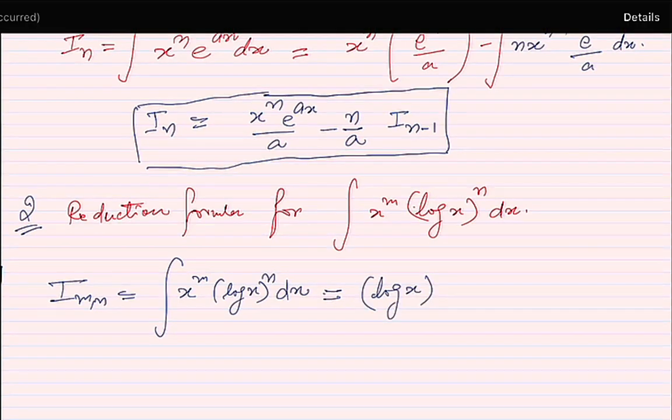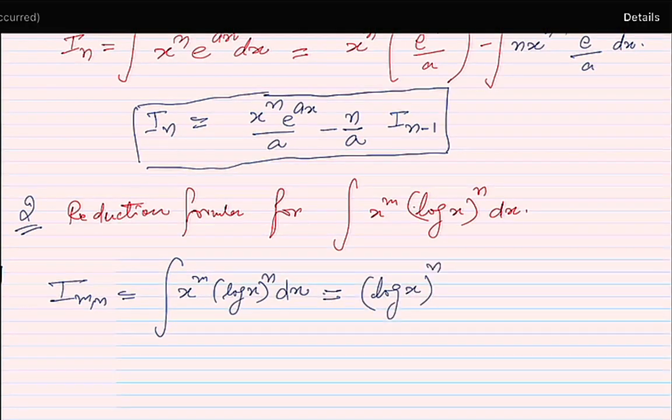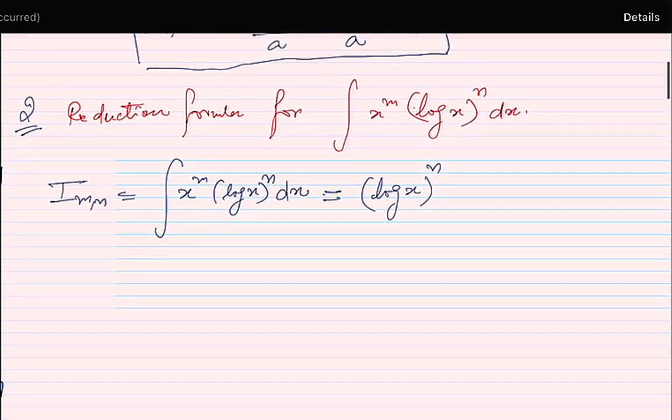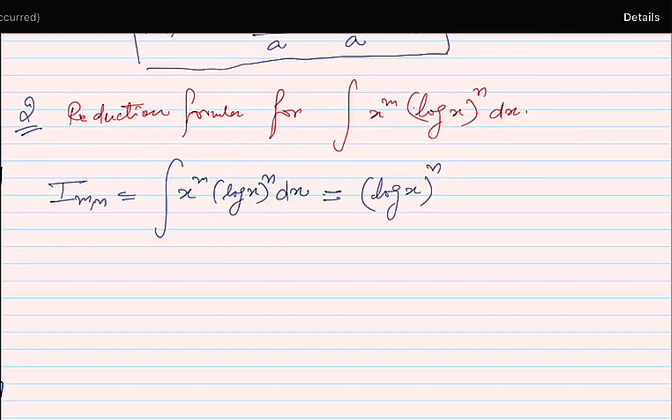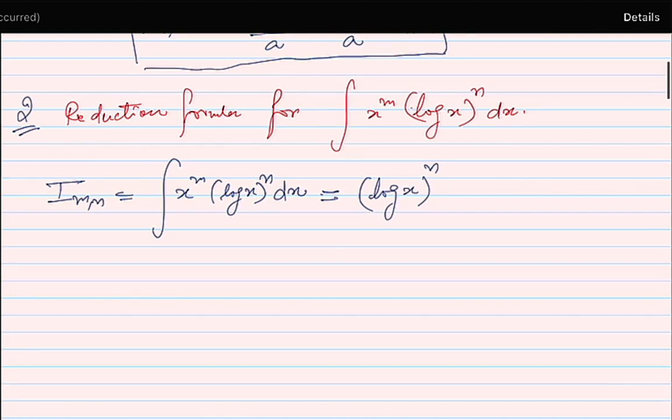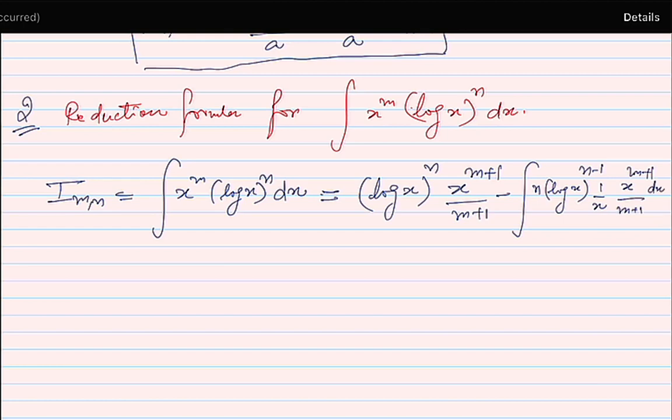Okay, so let us integrate it using parts. So log x raised to n, first function as it is, integral of second, which is going to be x raised to power m plus 1 upon m plus 1, minus differential of first. So differential of first, you know, n log x raised to power n minus 1 into 1 by x, and the remaining part is as it is, x raised to power m plus 1 upon m plus 1 dx.